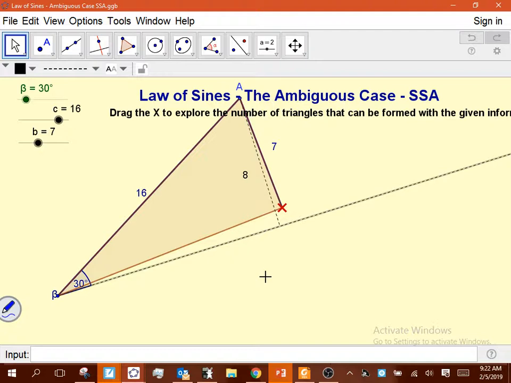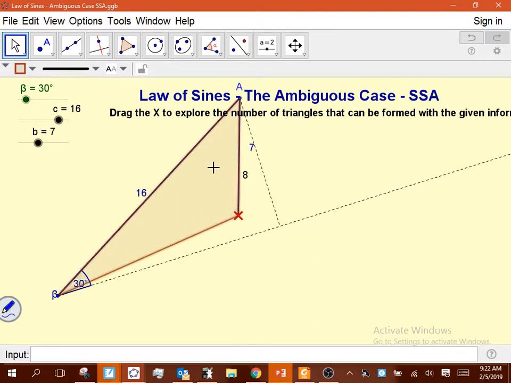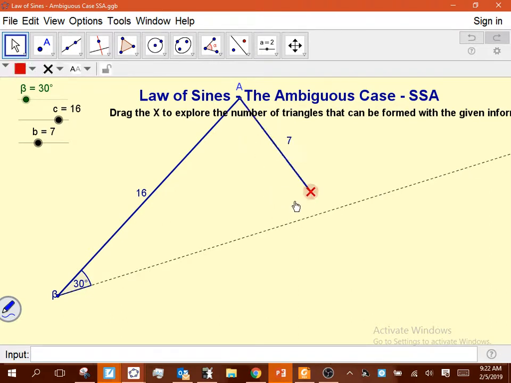So that's going to be a side of my triangle, correct? Obviously, the 16 is a side of my triangle. The 7 has to be a side of my triangle. But does that 7 ever intersect this side down here that I have to use as part of that 30-degree angle? It never touches, right? So does it ever create a triangle? No. So that is the ambiguous case in which you have no solutions.